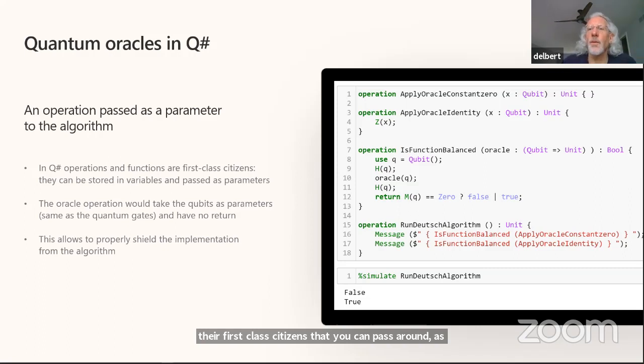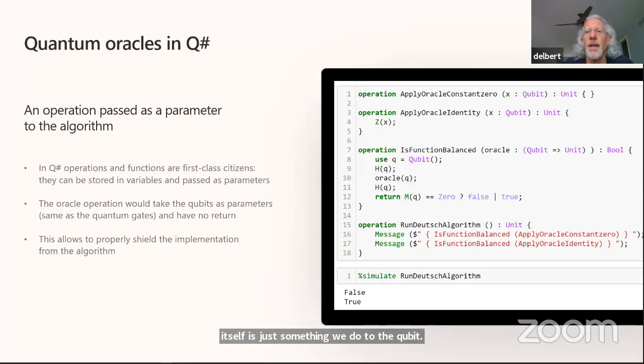functions. So if you're familiar with F# or Haskell or some of those functional languages, then you'll get the idea. You can pass these functions around as first class citizens. So in this case, the oracle itself is just something we do to the qubit, and it answers unit.